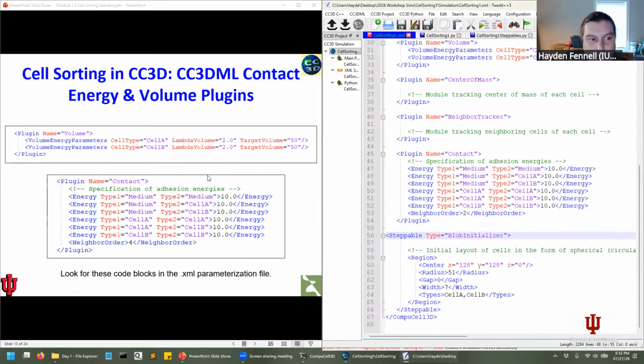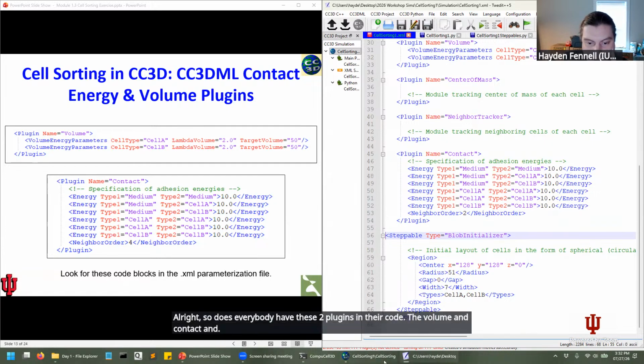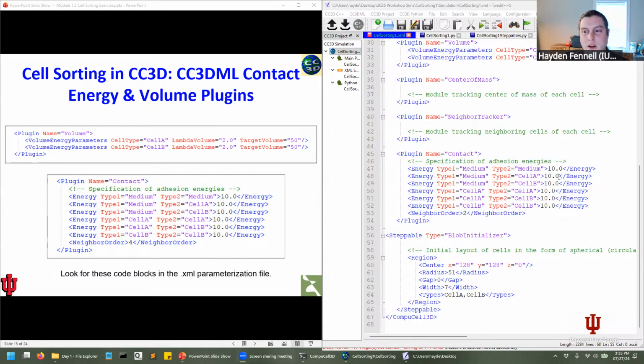All right, so does everybody have these two plugins in their code, the volume and contact? And does it look like what we've got on the screen here? All right, so question. Why do the cells as we specified them here not sort? Why do they all just stay where they are? Yep, the contact energy terms are all the same. Yes, Nargis.